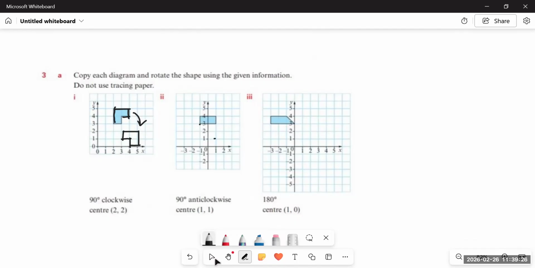This is the center. And this time it is anti-clockwise. We have to move in this direction. So what we will do, we can take this point here and draw it in this way. Now, when we have to draw 90-degree anti-clockwise, every movement will be in anti-clockwise direction, right?